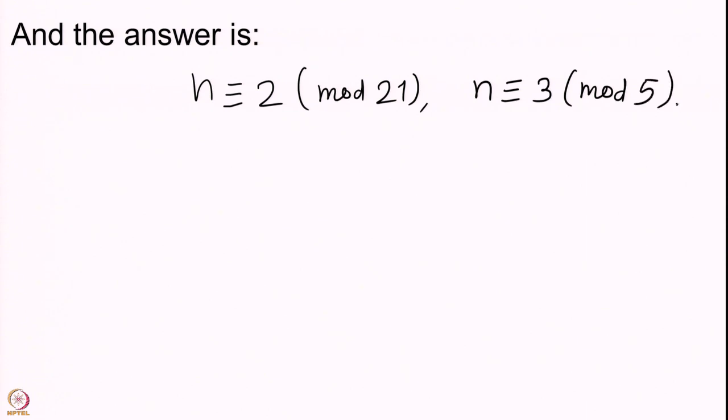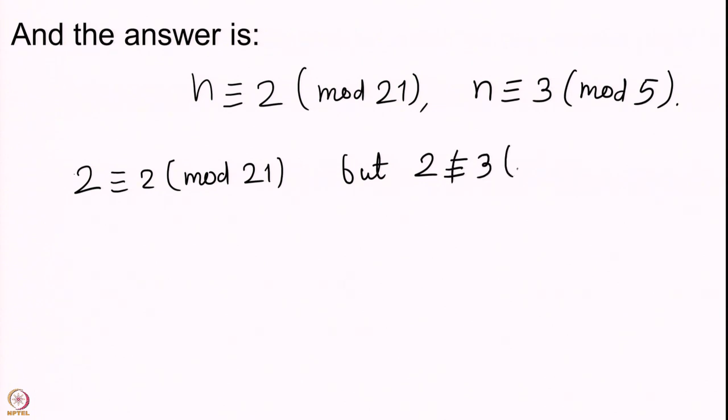So, let us just go over the things which are 2 mod 21. So, 2 is 2 mod 21, but 2 is not congruent to 3 mod 5, so 2 is not a solution.